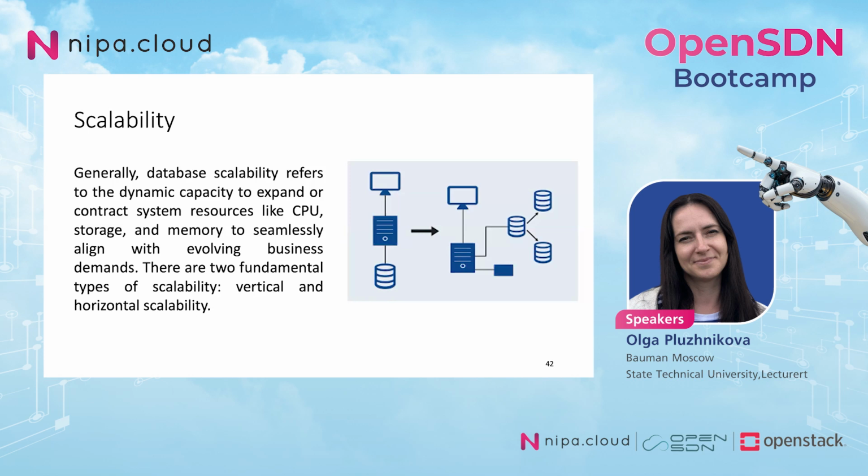By gradually adding nodes to the database cluster, horizontal scalability opens up a possibility of virtually limitless expansion. It also enhances fault tolerance, as the system can seamlessly redistribute tasks among remaining nodes in the event of a node failure.